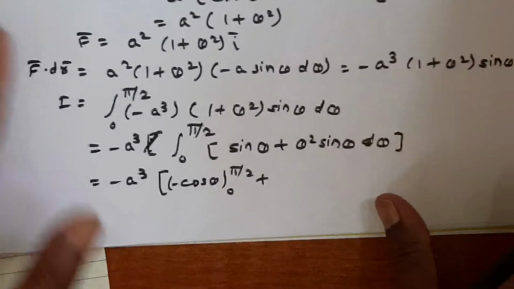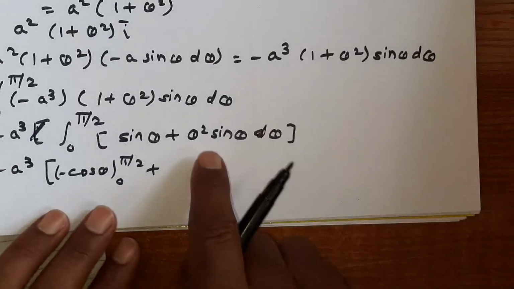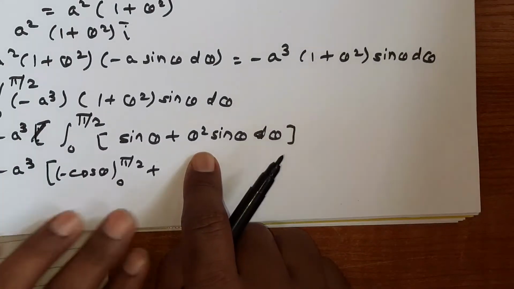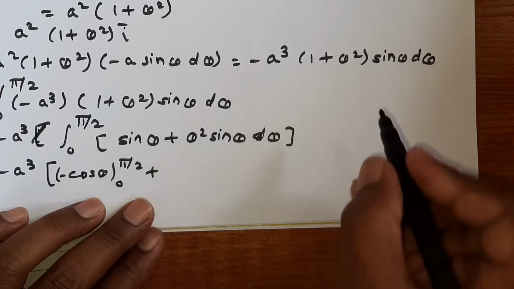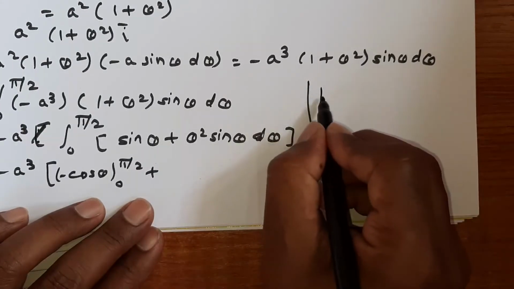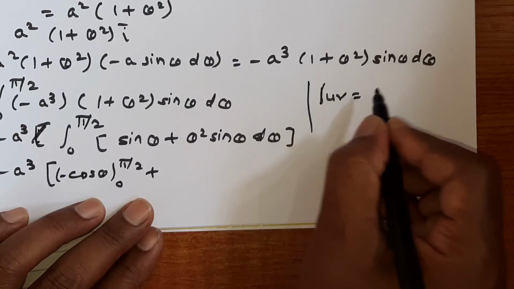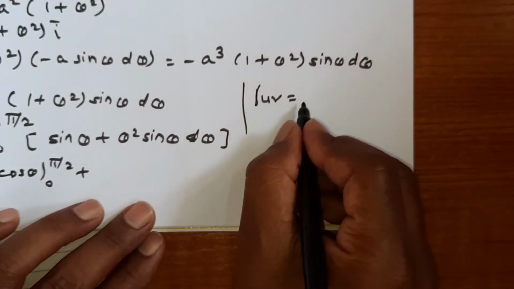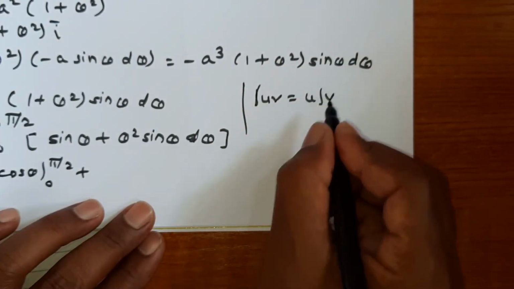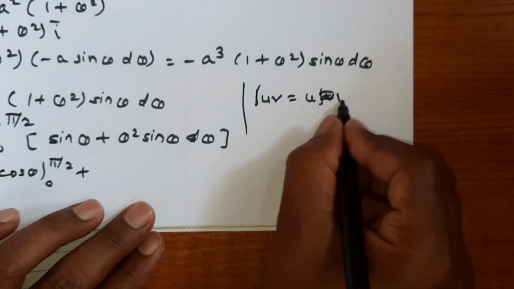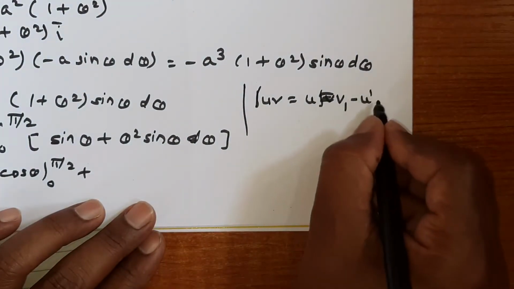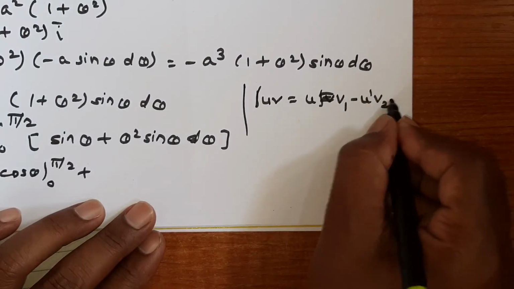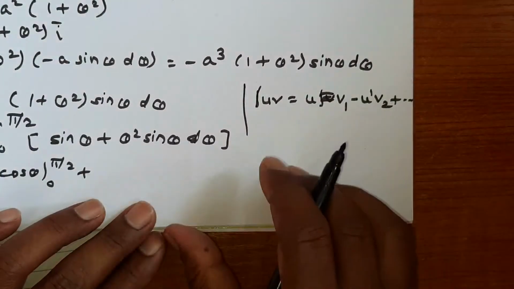Plus, here I have to use the u into v rule. Let us start. I hope you know that formula. Integral of u into v is equal to u as it is, integration of v, which I can call v1, minus u dash v2 plus and so on, right?